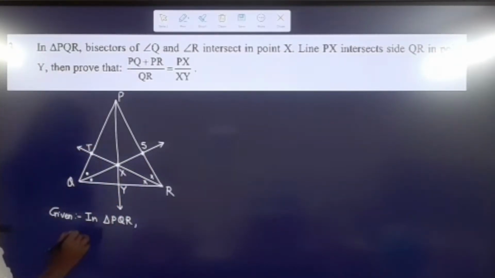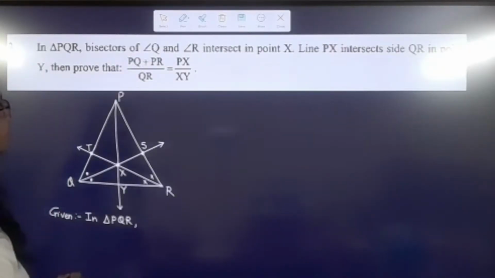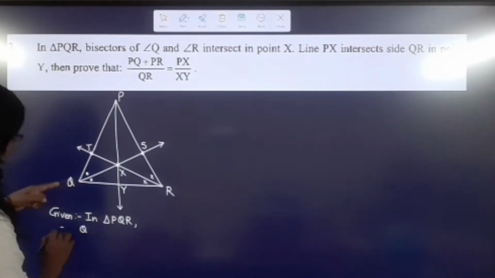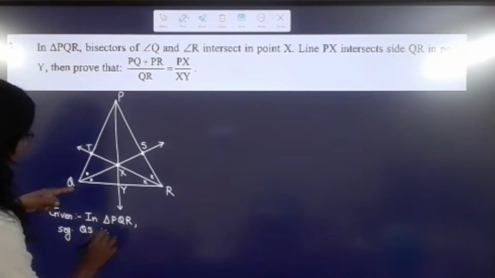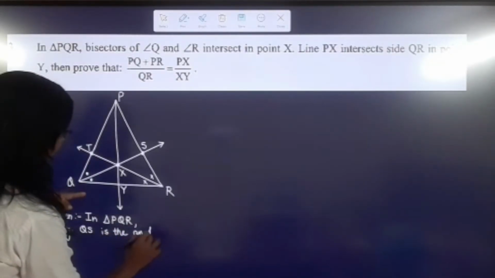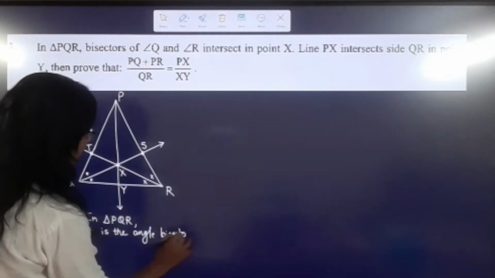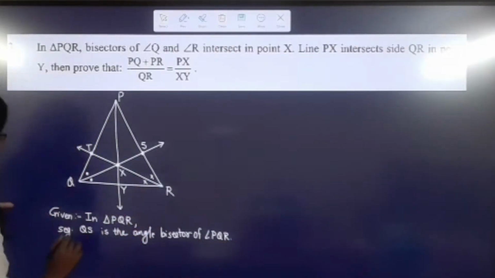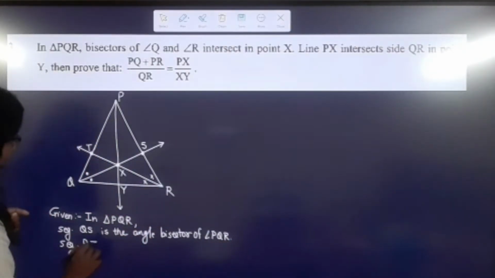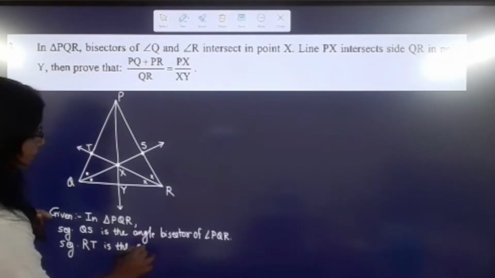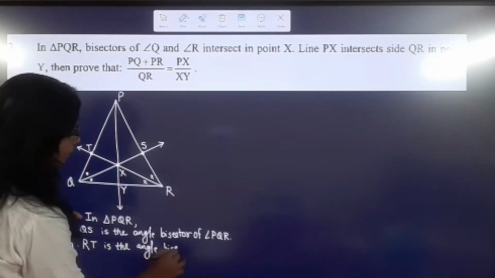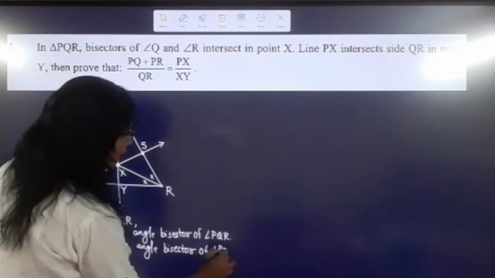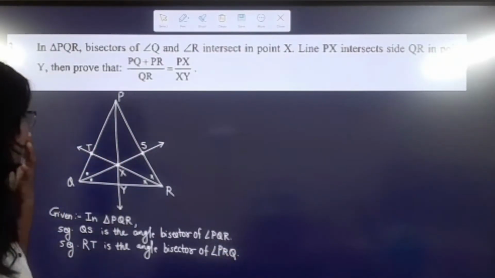So here I say that segment QS is the angle bisector of angle PQR, and here segment RT is the angle bisector of angle PRQ. PRQ. Okay, students.